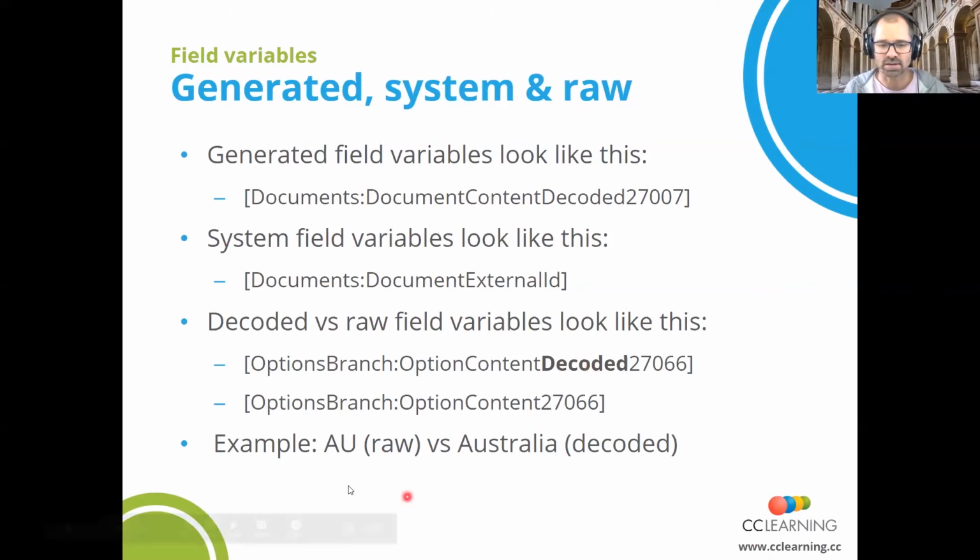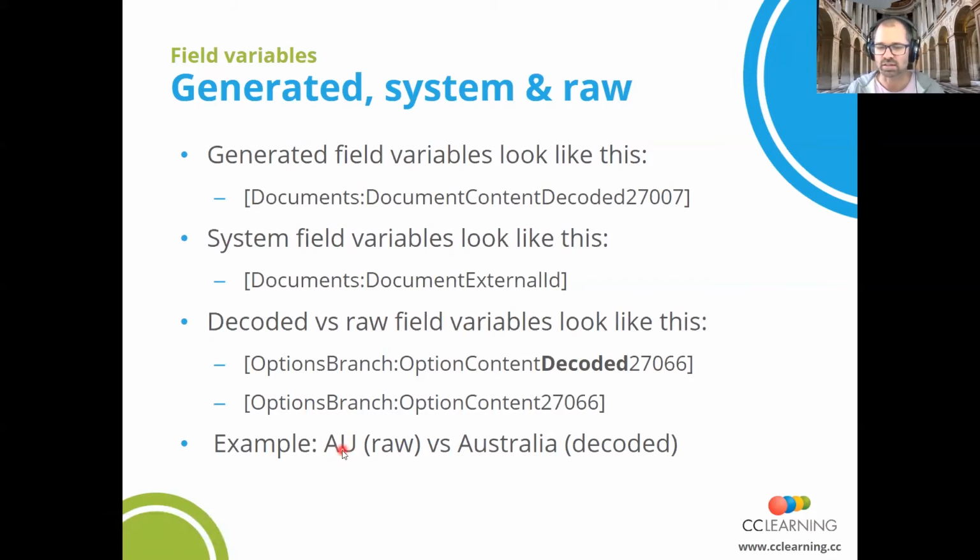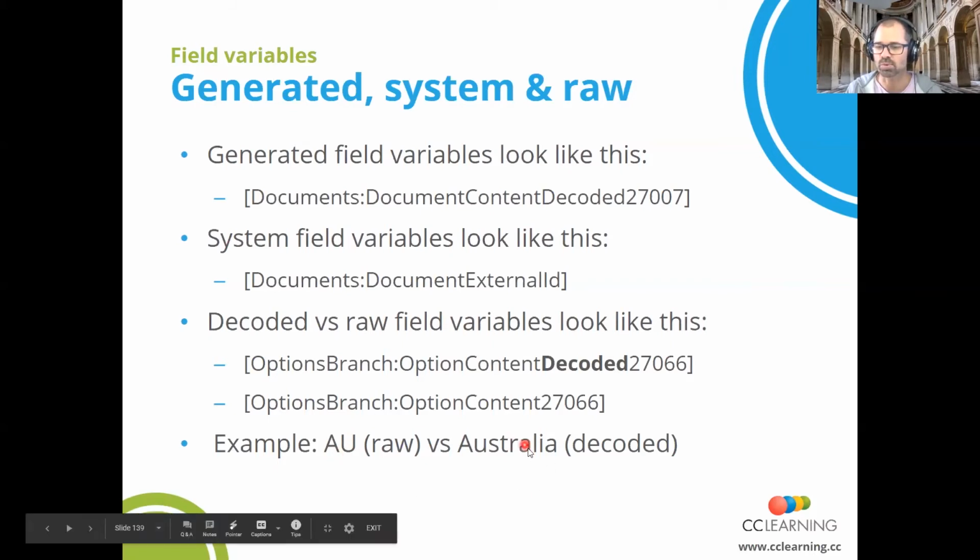So an example down here is that we've got AU, which might be the raw portion, the raw value, and we've got Australia, which represents the decoded. So while AU can represent Australia, Australia is the decoded version and AU is the raw version of that value.